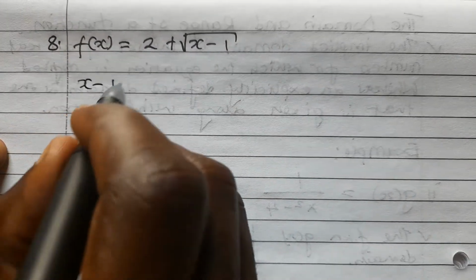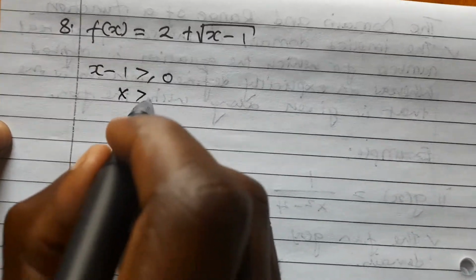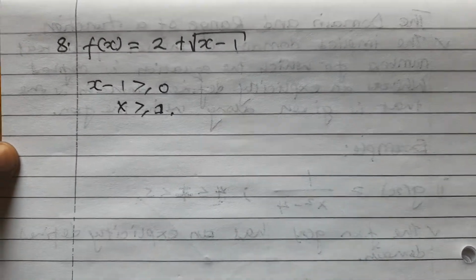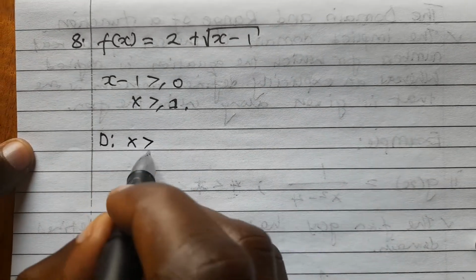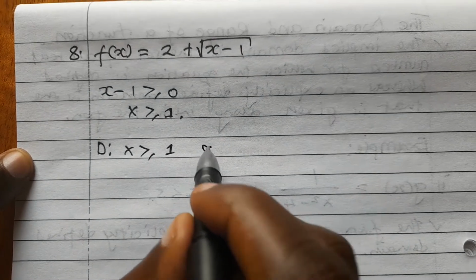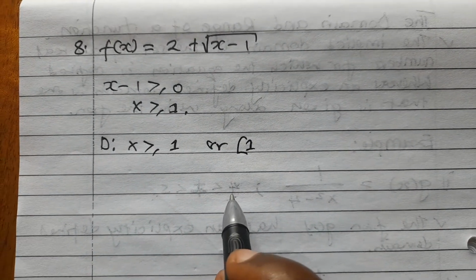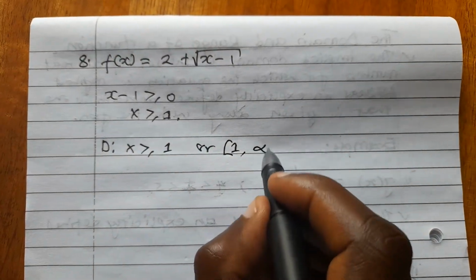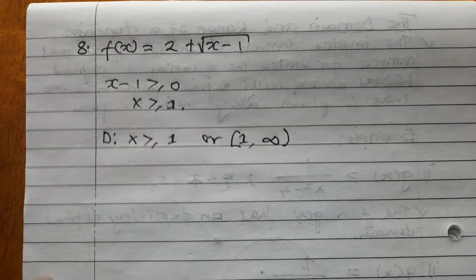So x minus 1 should be greater than or equal to 0, implying that my x should be greater than or equal to 1. So the domain of this function is such that x is greater than or equal to 1, which you can also write as 1, because 1 is included, all the way to positive infinity, which itself is excluded.